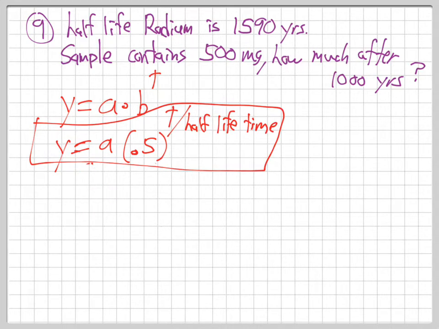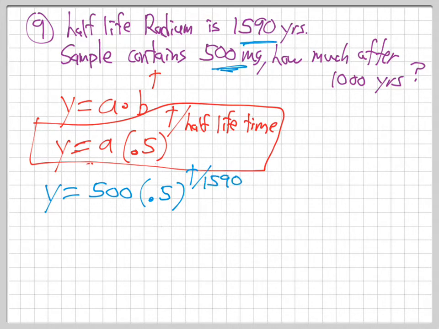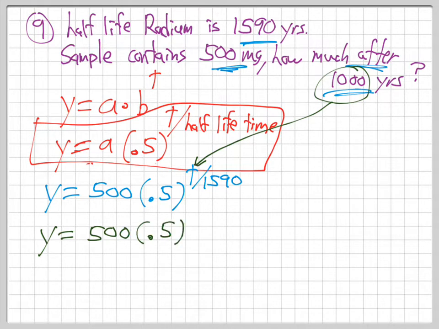We're going to have y equals the starting amount, 500 milligrams, times 0.5 to the t, divided by what's the half-life? 1590 years. So there's our formula, and they're saying how much after 1,000 years. So take that 1,000 and plug it in for t there. So we get y equals 500 times 0.5 to the t, which is 1,000, over 1590. So type that into your calculator.